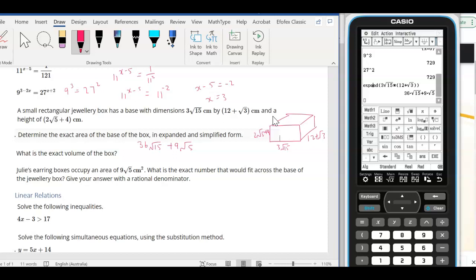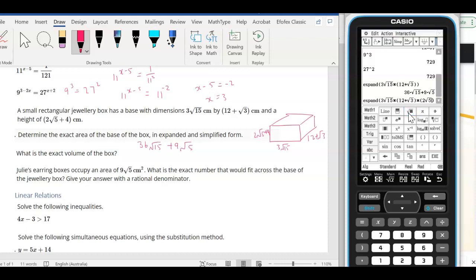All right, what is the exact volume of the box? So this is length times width times height. What you can do is just highlight what you've got here, drag it down, and then sneak in between those two brackets, and we're going to multiply by the other dimension, which was 2√5 + 4, in brackets.